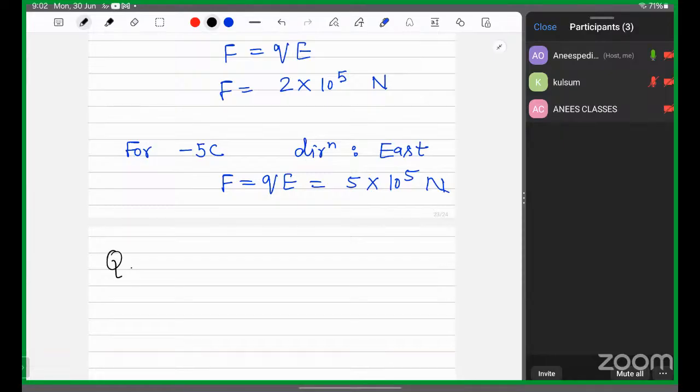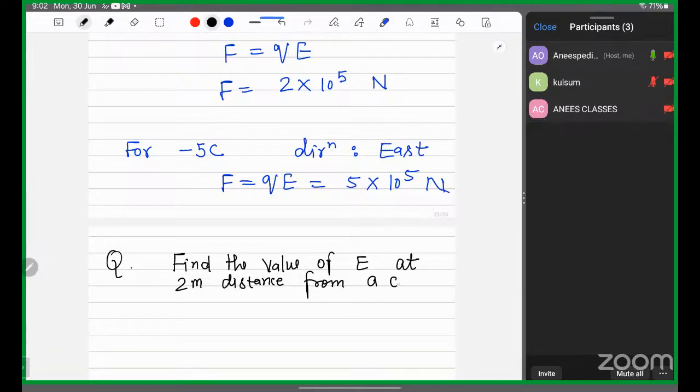Next question is: find the value of electric field intensity E at 2 meter distance from a charge of plus 10 coulomb.